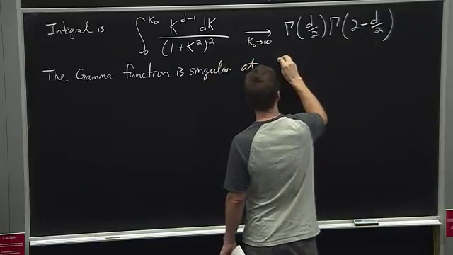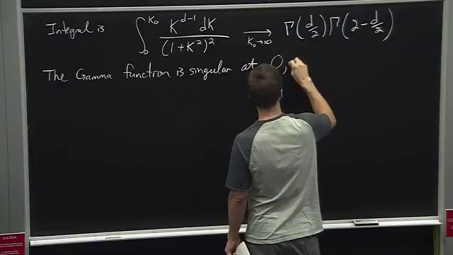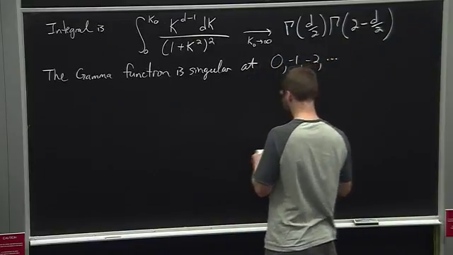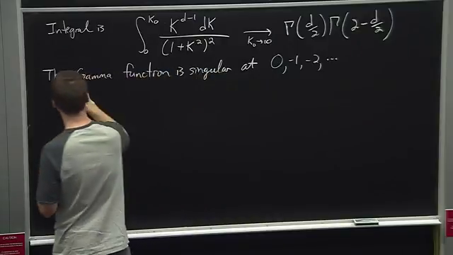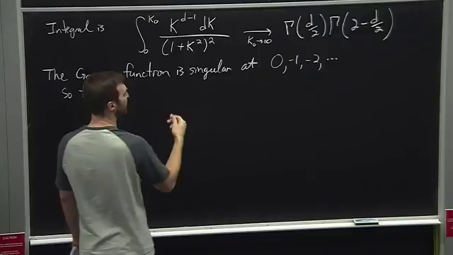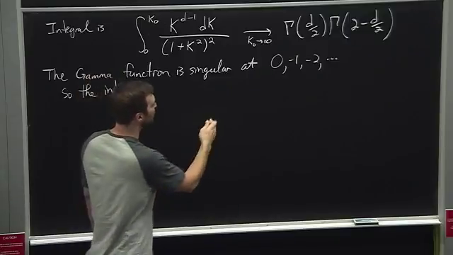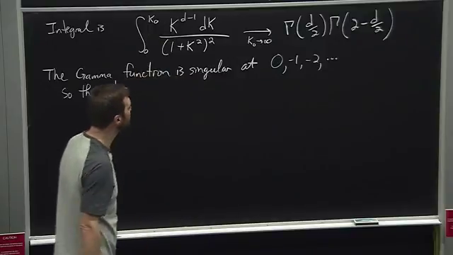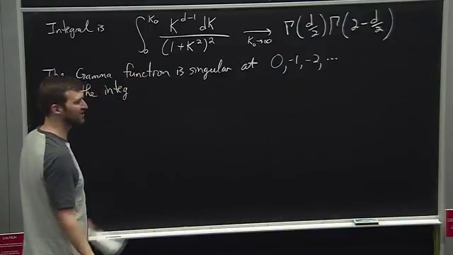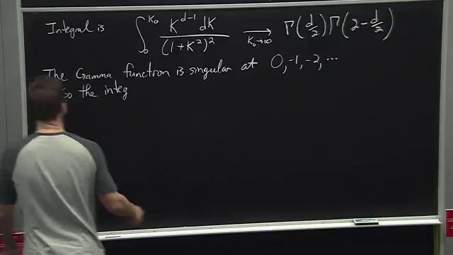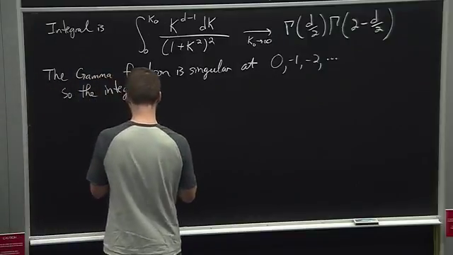If this is 4, then it's gamma of 0, which is also singular, as are -1, -2. And when it doesn't blow up, when the arguments of the gamma are positive, it's just some number. Who cares what they are, right? It's just some prefactor that you can essentially ignore.